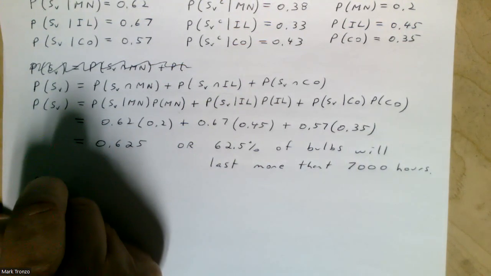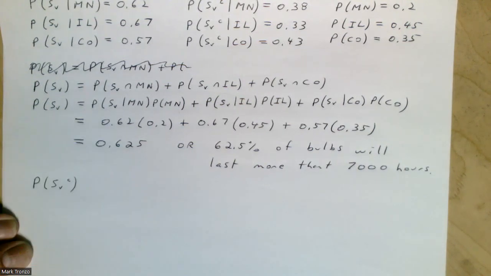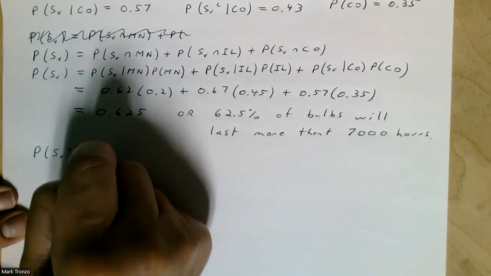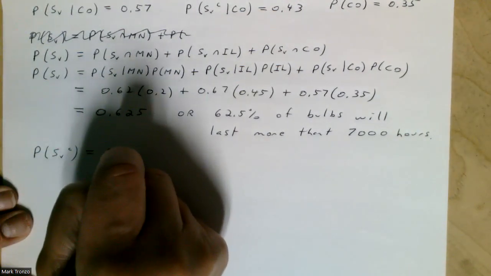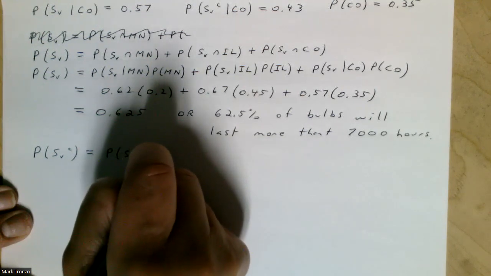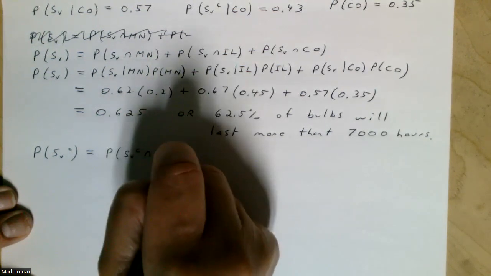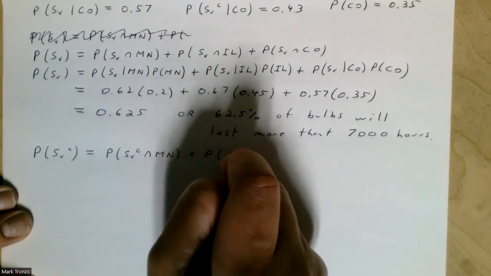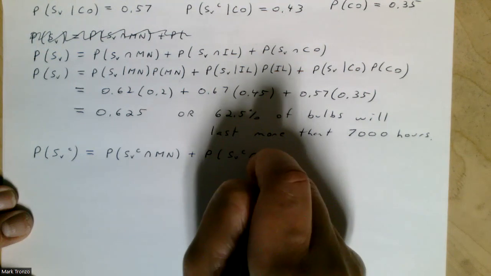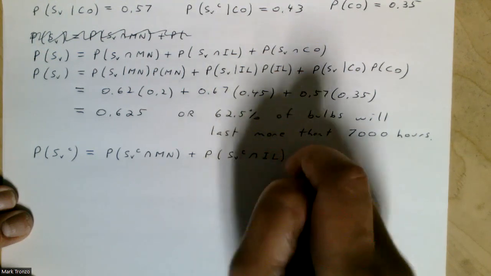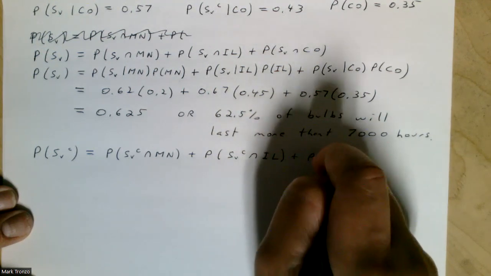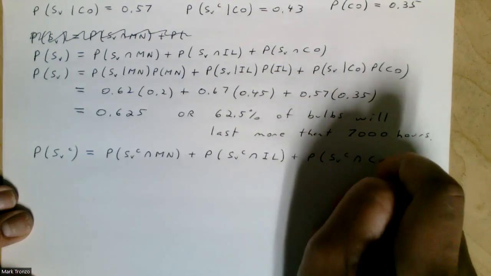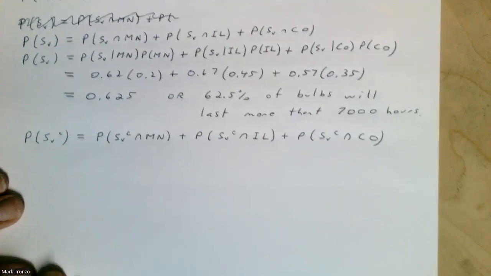And so we have probability of SV complement, which is the probability of it not lasting 7,000 hours, is going to be probability SV complement intersection Mn plus probability of SV complement intersection IL plus probability of SV complement intersect Colorado.